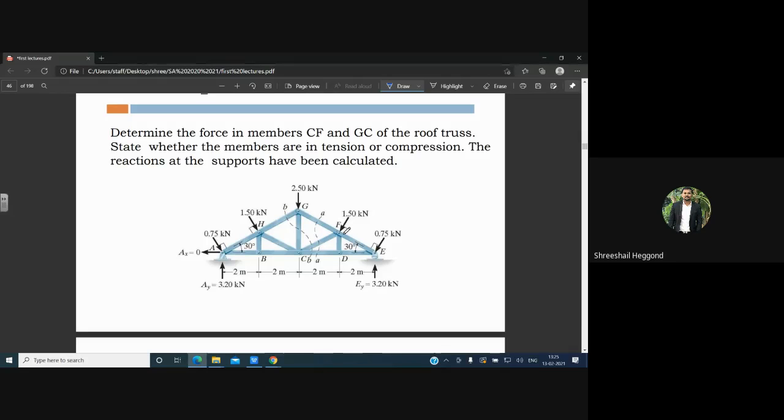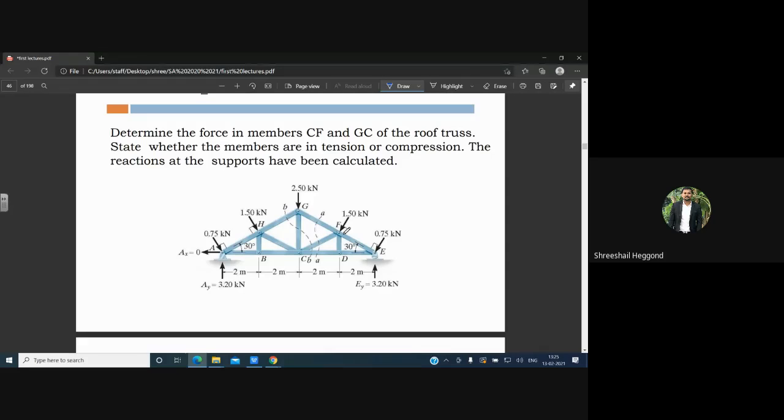Here in this figure, one is a roller support, that is E, and one is a hinge support, that is A. The horizontal reaction at joint A is calculated as 0, and the vertical reactions at A is 3.2 and at E is 3.2 kilonewton, which means a symmetrical truss is there.